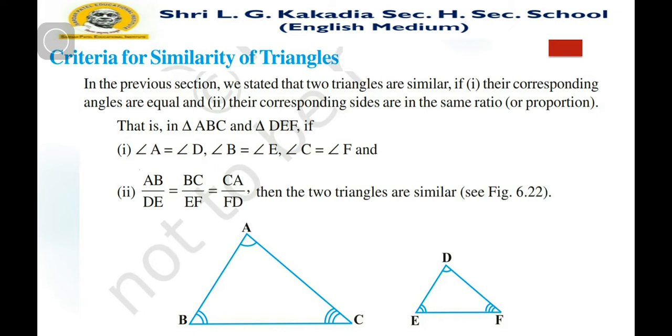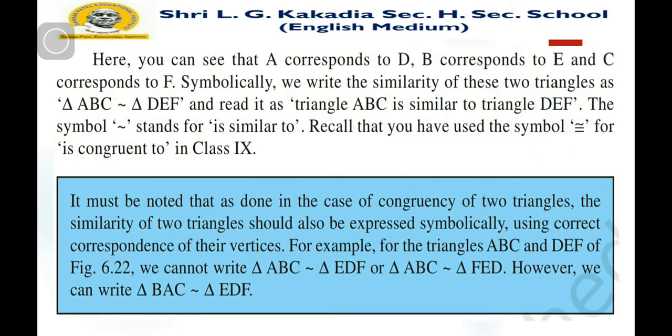So by this proof, let us take some theorems, and on the basis of those theorems we can solve some examples. Now here you can see that A corresponds to D in the figure, B corresponds to E, and C corresponds to F. Symbolically, we write the similarity of these two triangles as triangle ABC similar to triangle DEF.